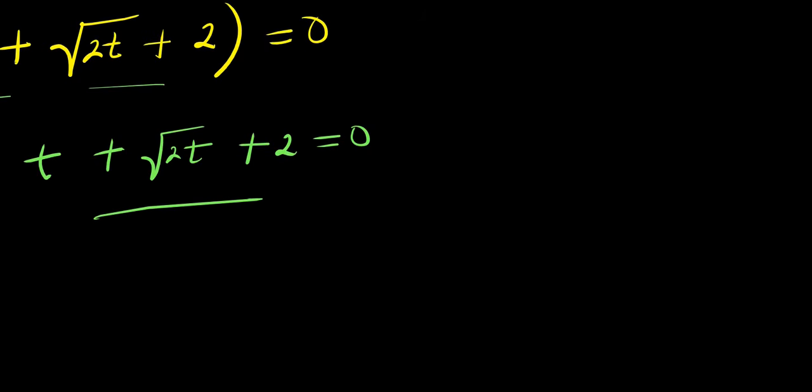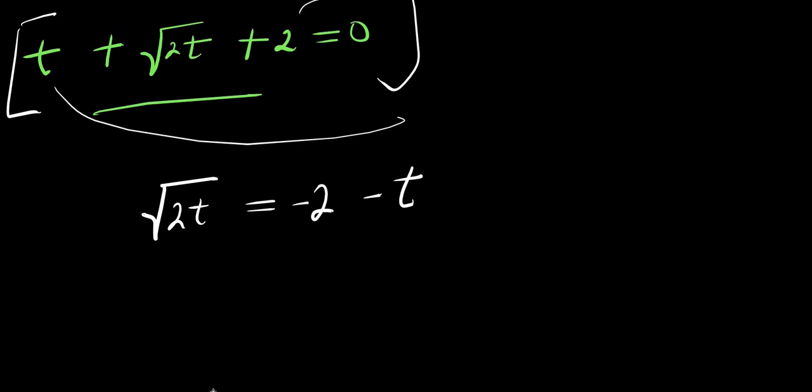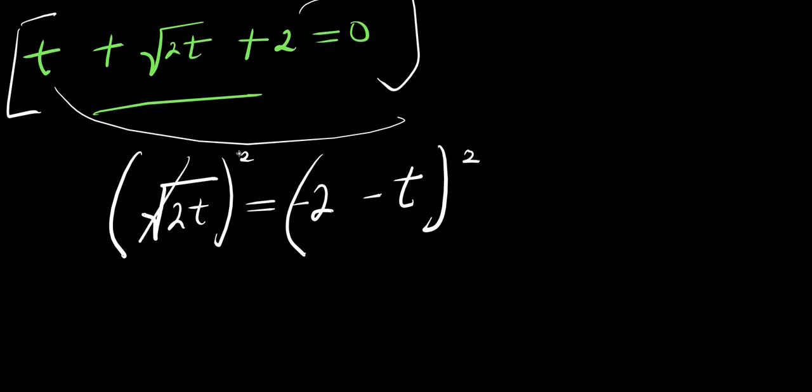And to solve for t2 and t3, we consider this equation. So we move this over here, we move this over here. Our square root of 2t equals negative 2 minus t. I can decide to take the squares of both sides of this equation. This eliminates this.